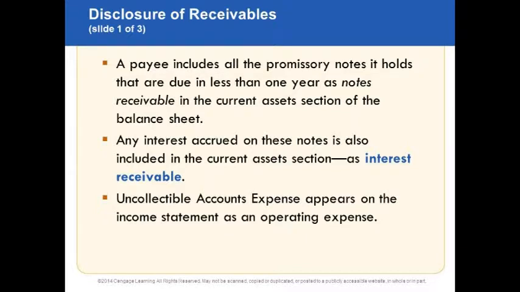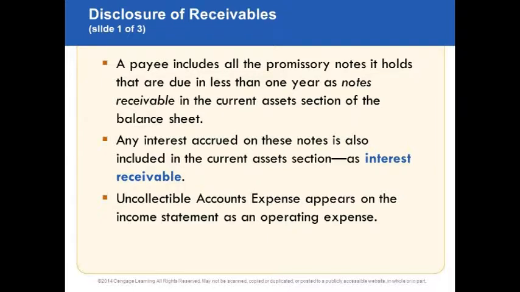That's called the notes receivable, and it's on the current asset side of the balance sheet. And any interest accrued because of those notes is also included in current assets as an interest receivable. The uncollectible accounts expense, though, doesn't appear on the balance sheet.